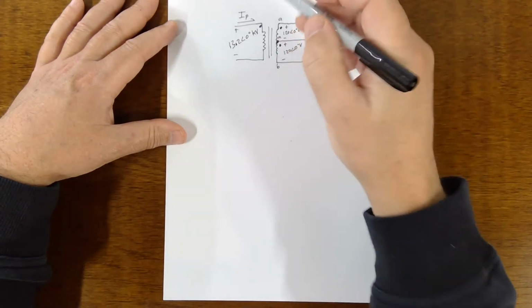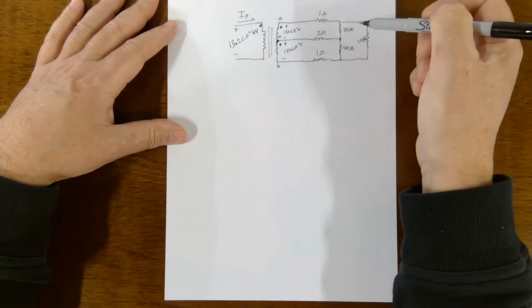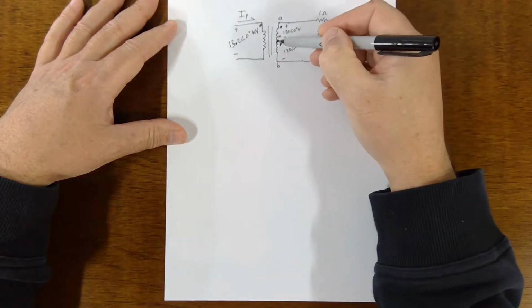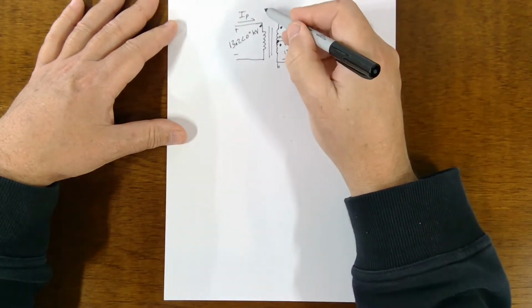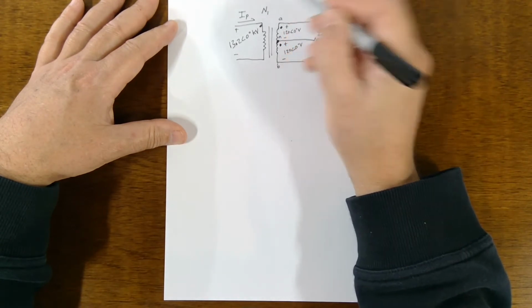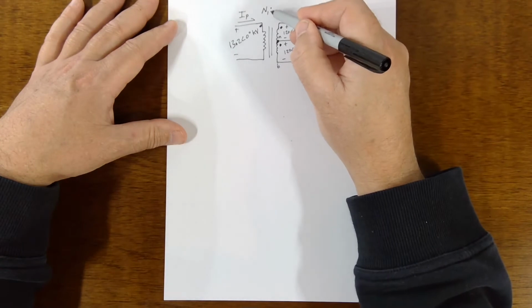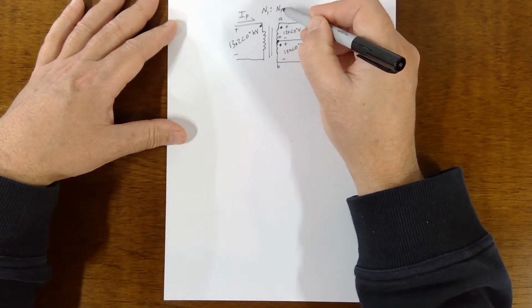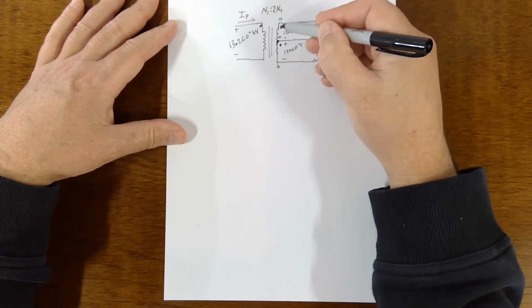And there's kind of a trick here. There's several tricks in this problem. One of them is how to represent the turns ratio, because you have this center tap. So the trick is we're gonna say that there's n1 turns on this side, and then there's n2 turns on this side, but we're going to break it up into half.